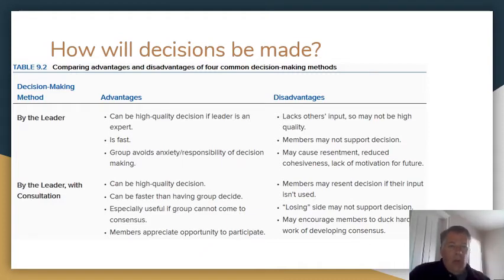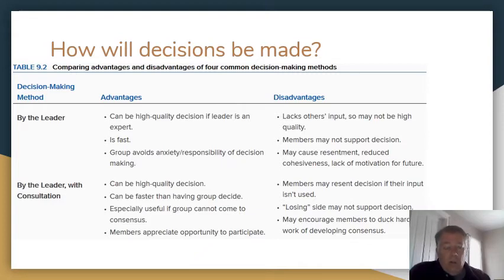These are some of the simplest ways to make decisions, and I think this came up in COM 101, but there are 4 different ways that you can make a decision. A leader can make it. So go ahead and look at some of the advantages and disadvantages.